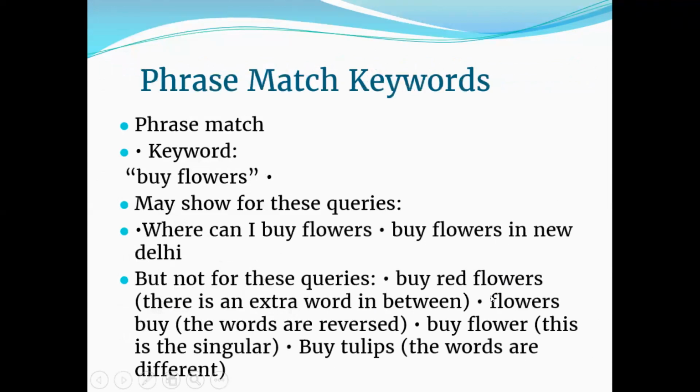The words are reversed, flower buy. I'm searching buy flowers, and they're showing for buy flower. Completely wrong. The s will be missed, so the phrase will not match. This is singular. Buy tulips is completely different, so it's not a phrase match. We are adding just one single letter, and the phrase will not match on your phrase match.